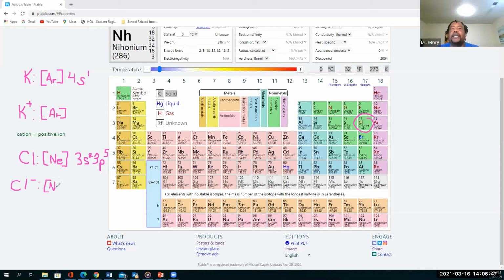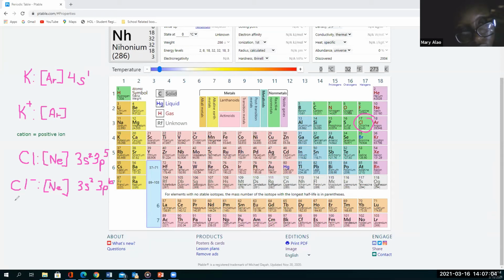And so we'll just write it out like this: 3s2, 3p6. Or we could also have written it out as argon.